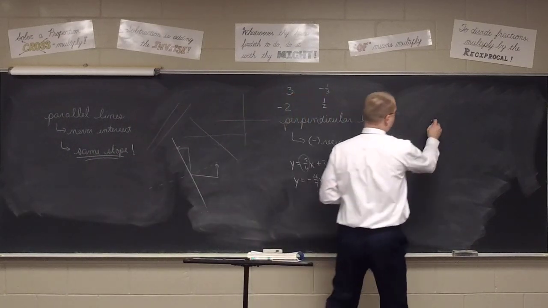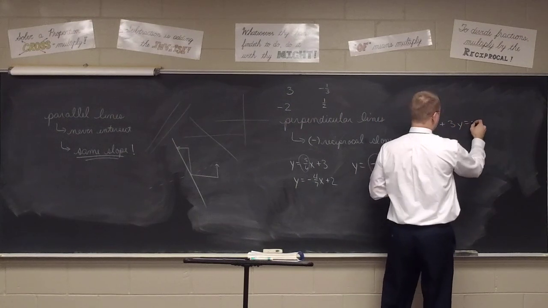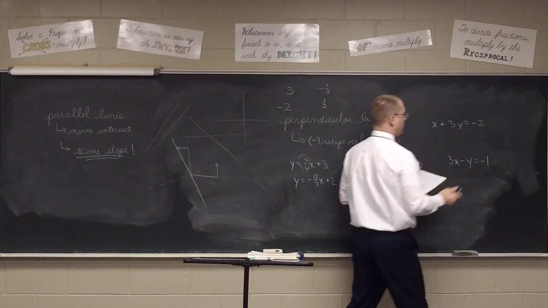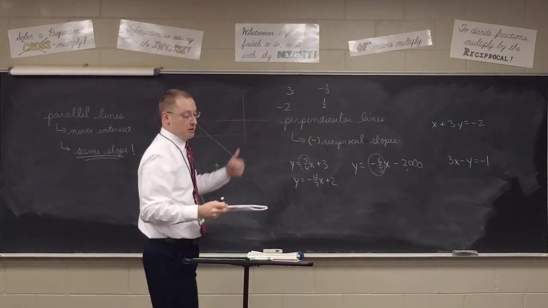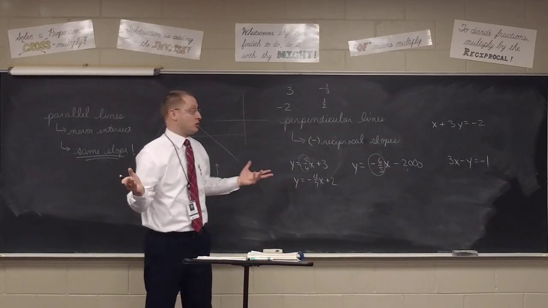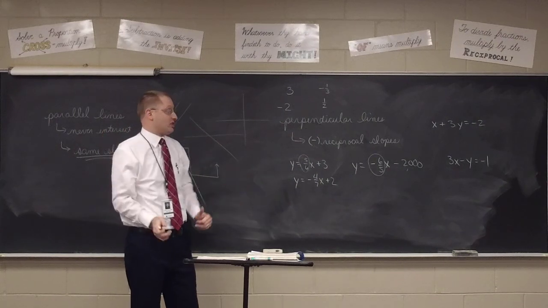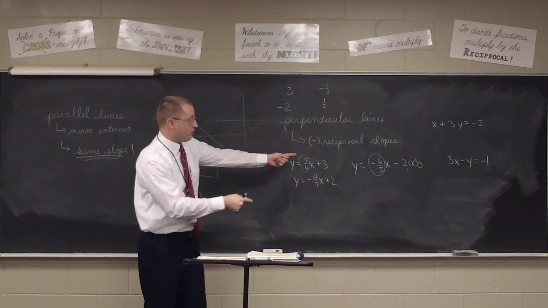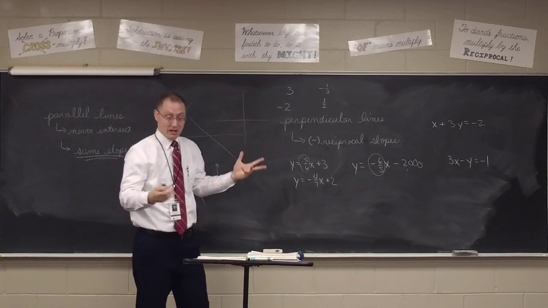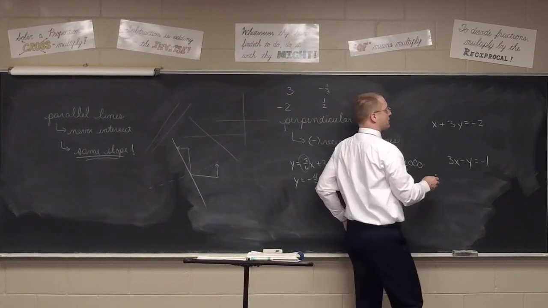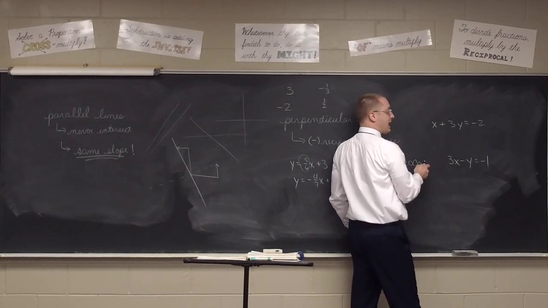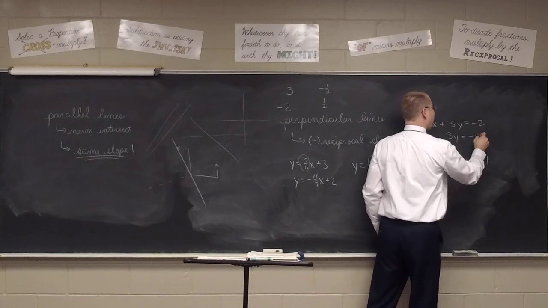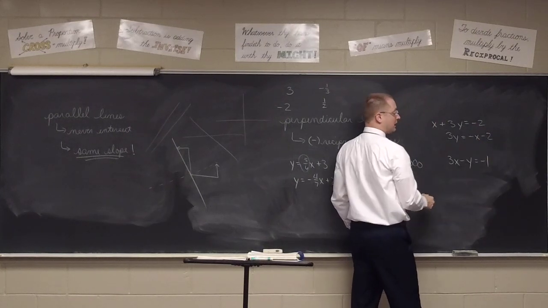So negative reciprocal slopes. We could see it this way. Supposing I gave you this equation, x plus 3y equals negative 2, and 3x minus y equals negative 1. Are these going to be perpendicular lines? Well, to find out, we have to know what the slopes are, and see, are the slopes negative reciprocals? That's what it comes down to. So to know the slope, I first of all have to get the y by itself, move over the x, to get 3y equals negative x minus 2, and then divide everything by 3.